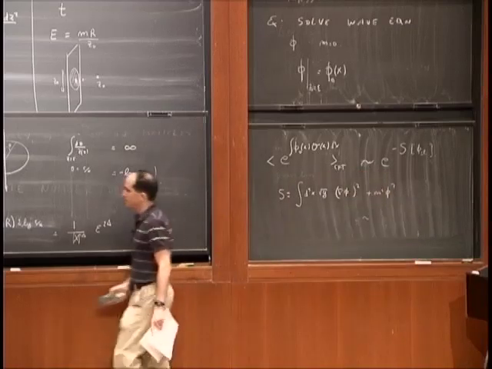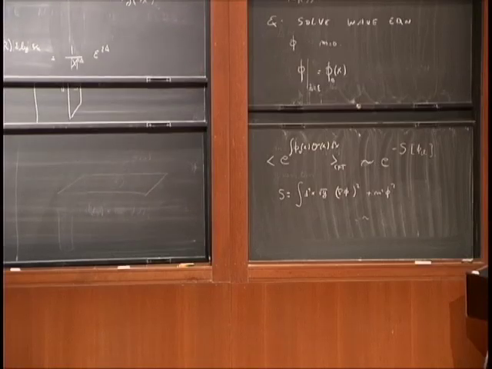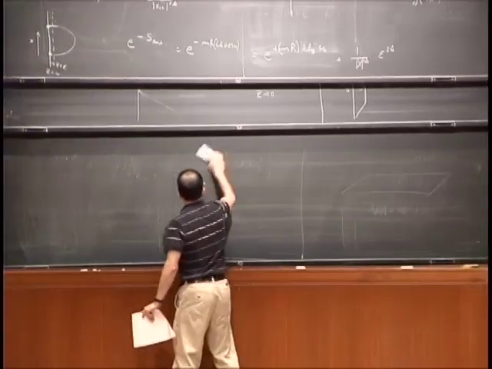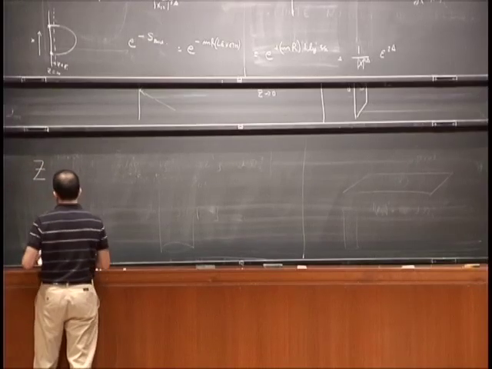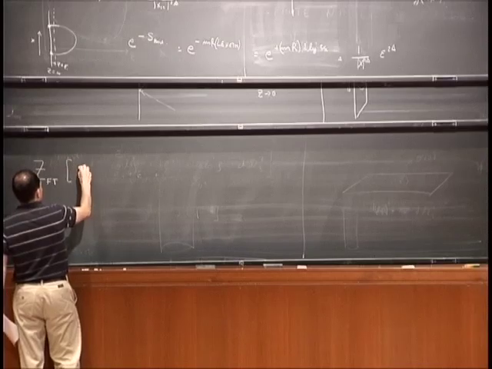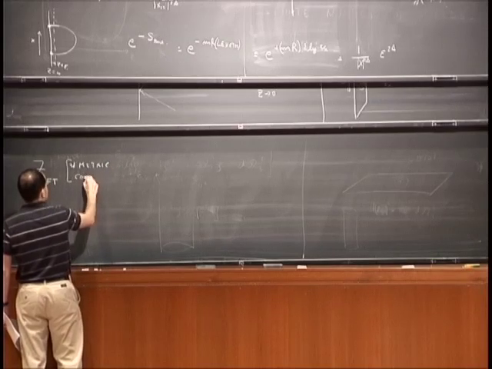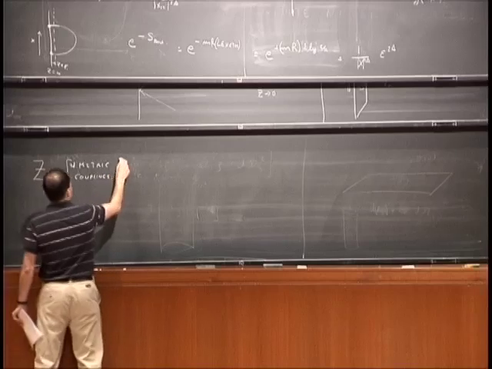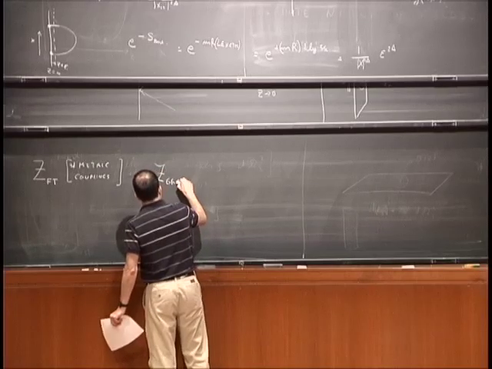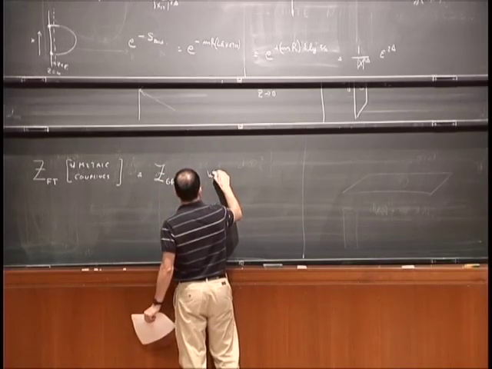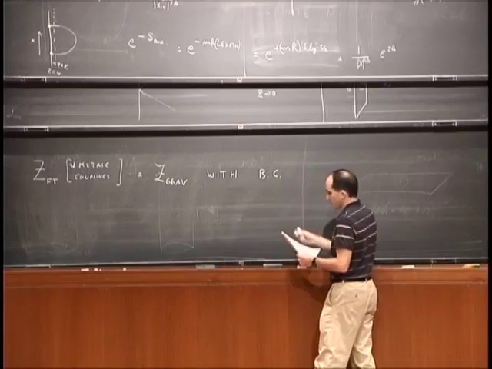The exact version of this relationship is given by computing the full partition function in the gravity theory with the corresponding boundary conditions. So the partition function in the field theory as a function of the metric, the 4-dimensional metric, or couplings, and these couplings could depend on the position, and the metric also could depend on the position, is equal to the full partition function of gravity with boundary conditions fixed by the metric, or by those 4-dimensional values of the metric.